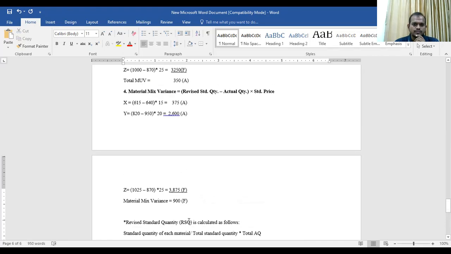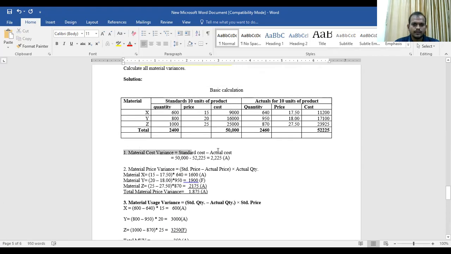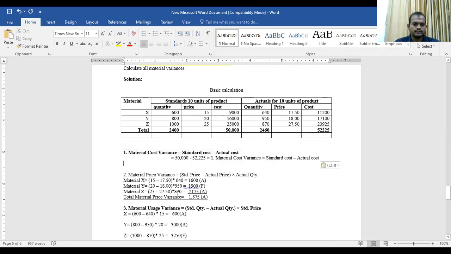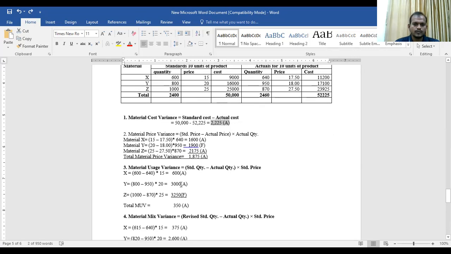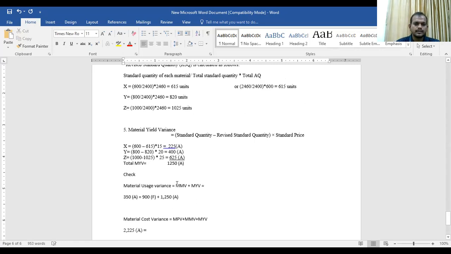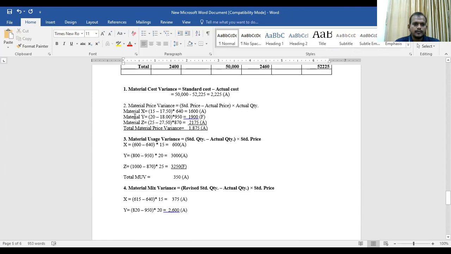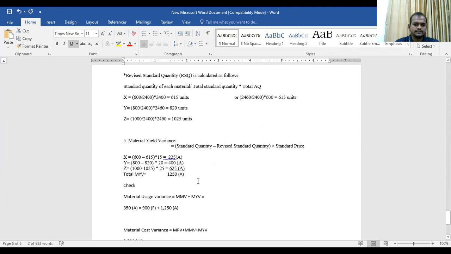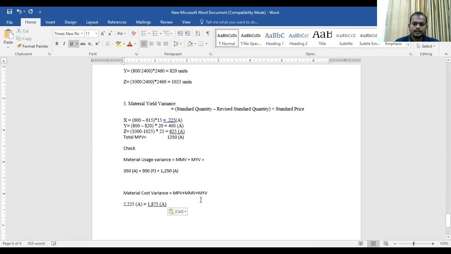How much is the material cost variance? 2225 adverse. Right. Material price variance is 1875 adverse, plus material usage variance 350 adverse.